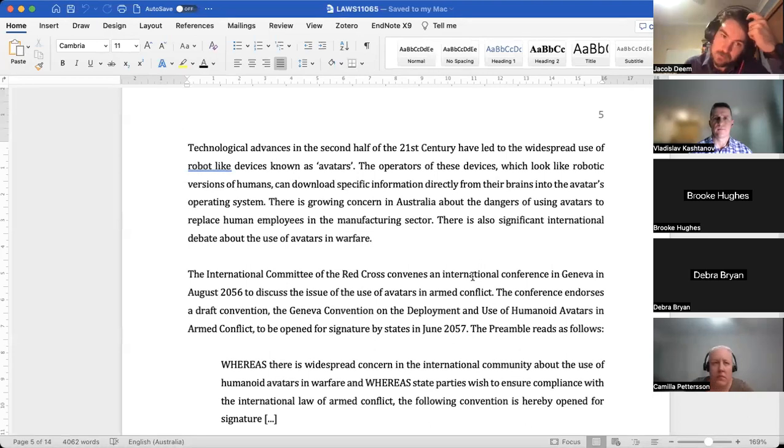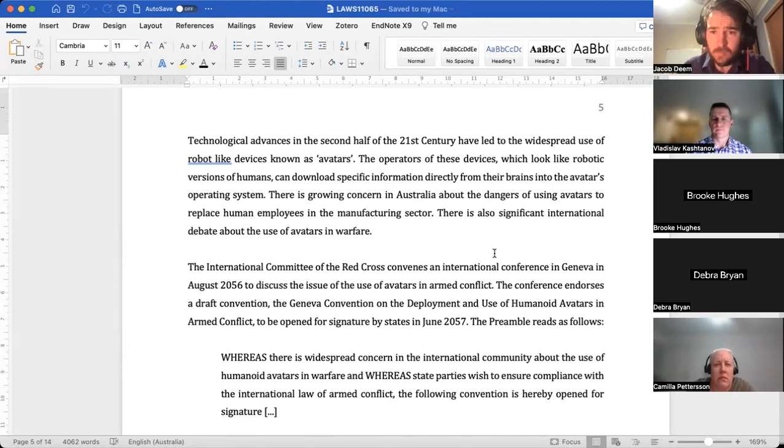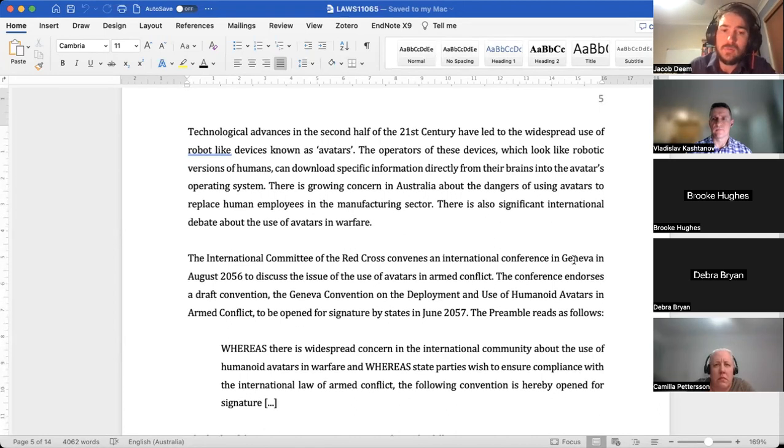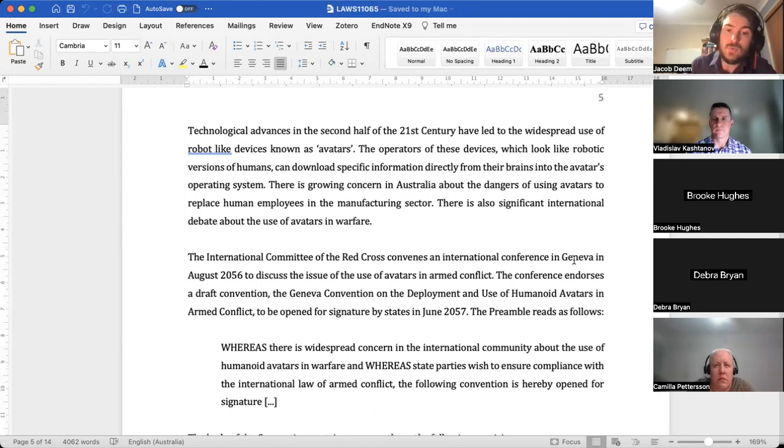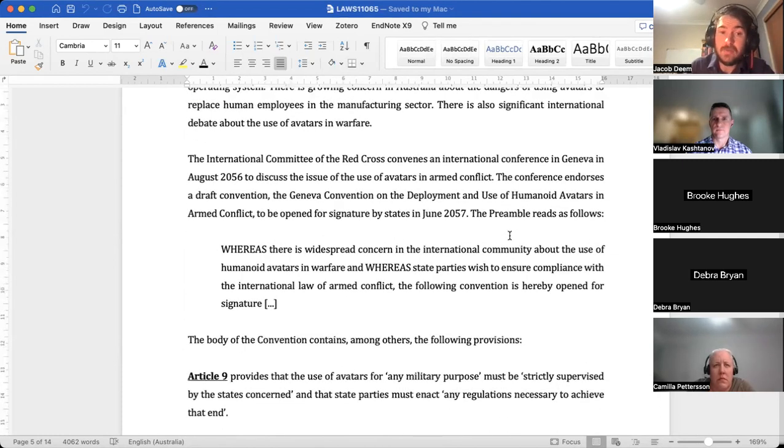Our scenario for this afternoon takes us to the far future of 2057, where there's widespread use of robot-like devices called avatars. There's concern about the danger of using these avatars for manufacturing, but also for their use in warfare.